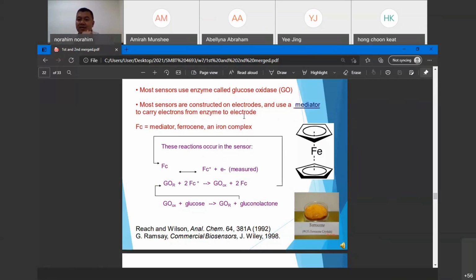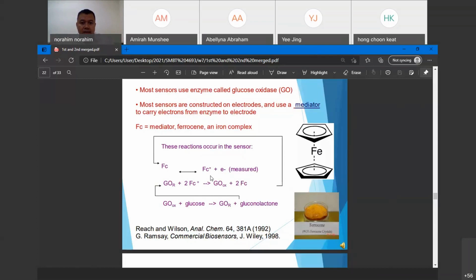Because they are not in the same phase kan? Jadi dia perlu ada satu mediator. Mediator tu yang akan tolong bawakan elektron. So let's say you have an oxidation process taking place, and then you produce electrons. So those electrons need to transfer to get out of the electrode surface. So someone has to help, and that helper is your mediator. Dia akan bawa keluar. So in this case, you're talking about ferrocene. Ferrocene is an iron complex. So this is how it works here.